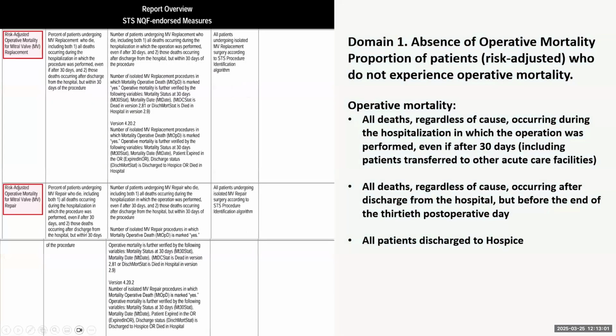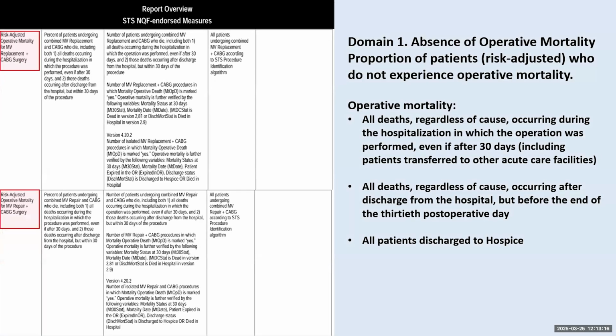When you scroll through here, you've also got mitral valve repair. Each one of these has a numerator, a denominator, the patients that are included, and then the exclusions.